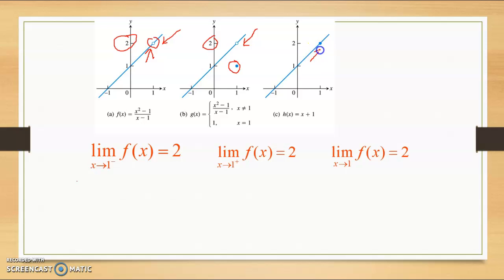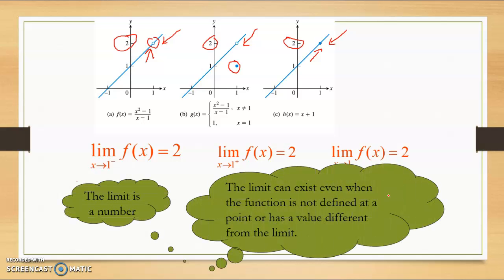From the left and the right it approaches the same value, so we can conclude that the limit value is equal to 2. That's the way you can find the value for the right and the left. The limit is always a number, right? So the limit can exist even though the function is not defined. You can see in those two examples, the function is not defined at 1, yet the limit exists.